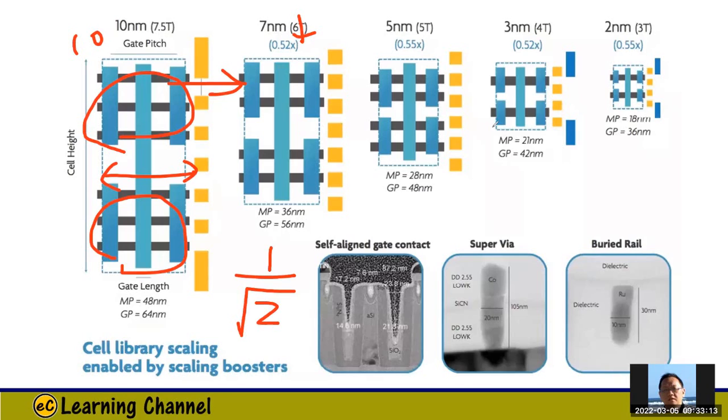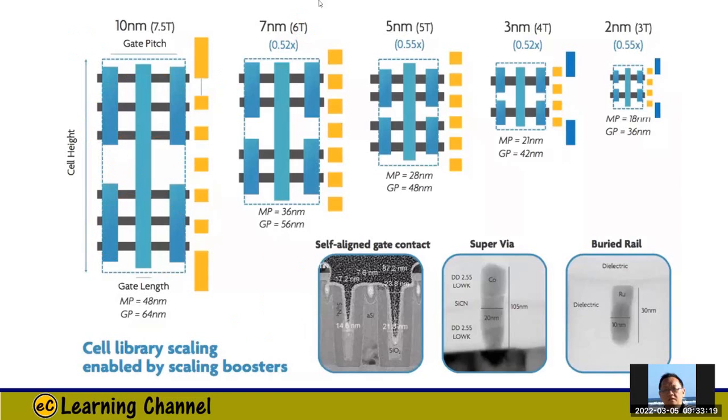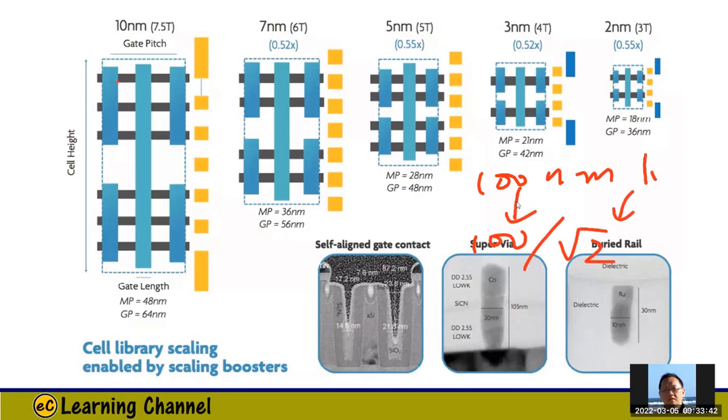For example, if the current generation of semiconductor has a channel width of, let's assume, 100 nanometer in the channel of the transistor, the next generation will be 100 divided by square root 2, roughly 1.414. So that's roughly a drop from 10 to 7. This is estimated.